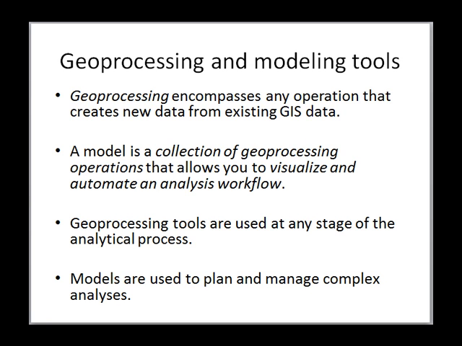So, what is geoprocessing? Geoprocessing encompasses any operation that creates new data from existing GIS data. So that's an important thing to remember when you think about geoprocessing. If it's creating an output data set, it's a geoprocessing operation. So in computers, we do a lot of processing of data and information.